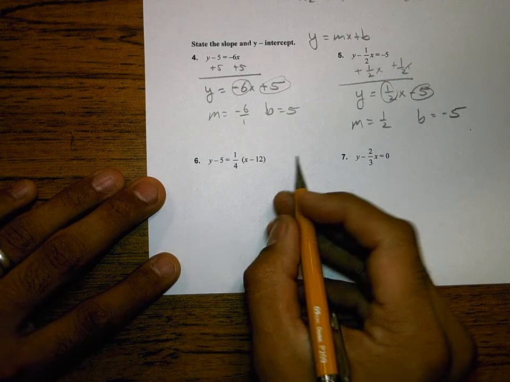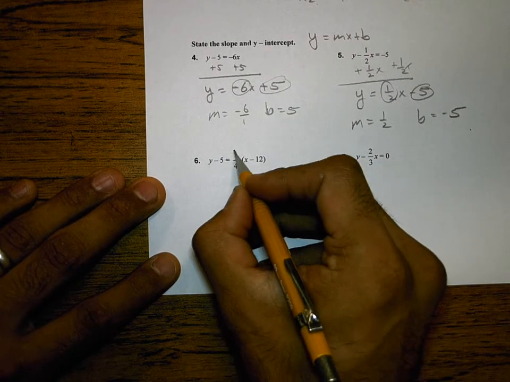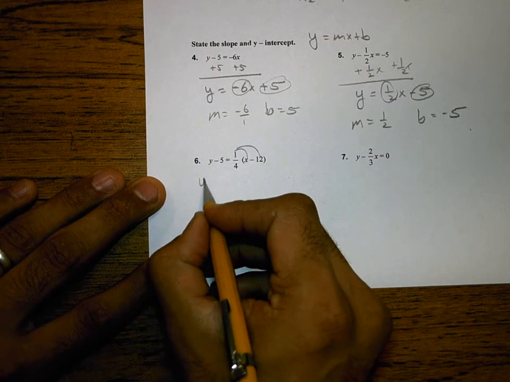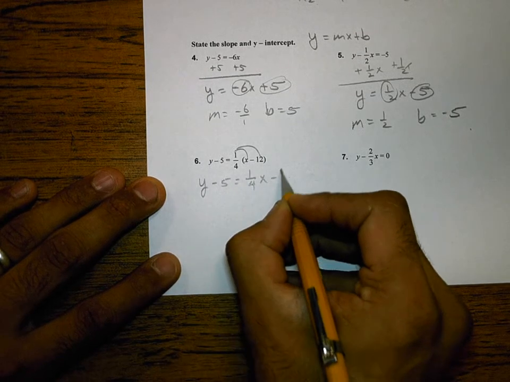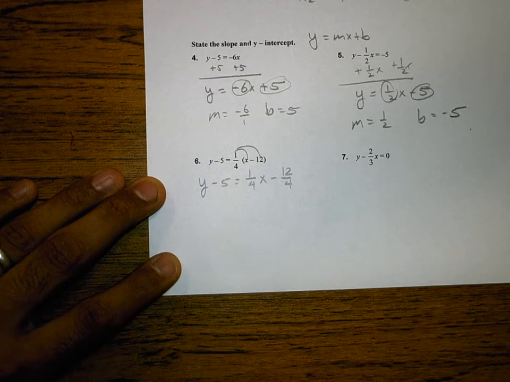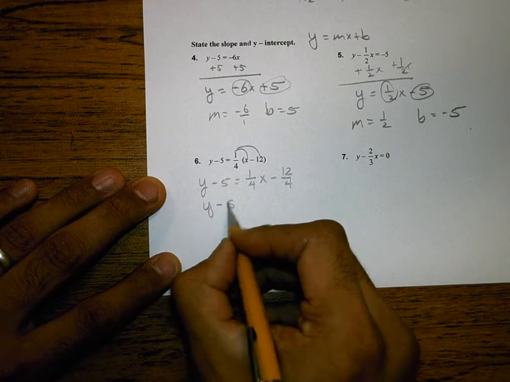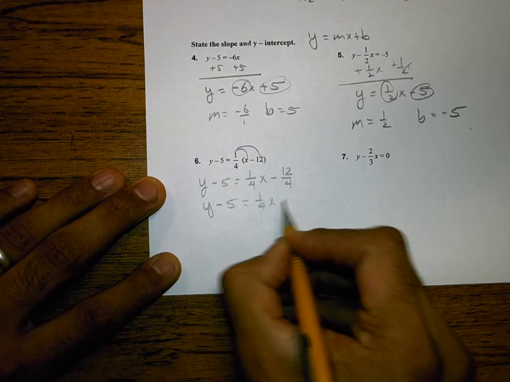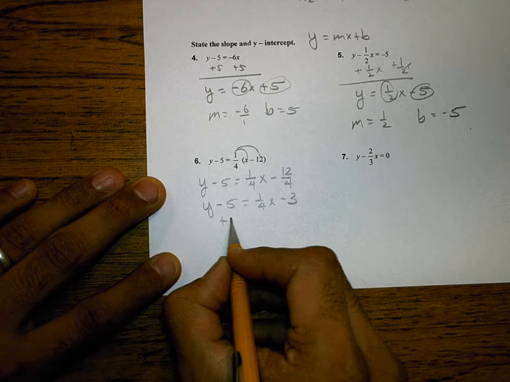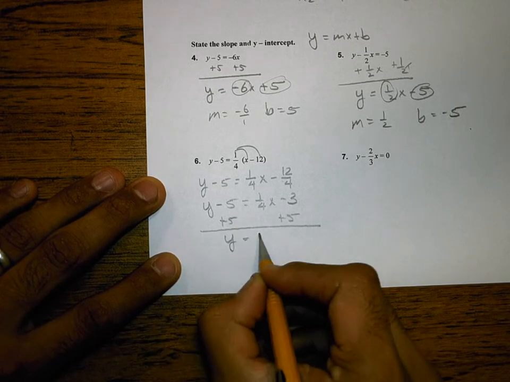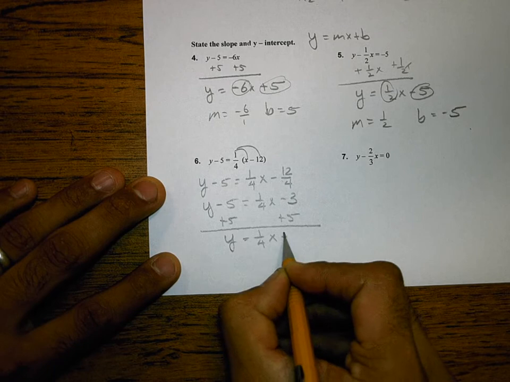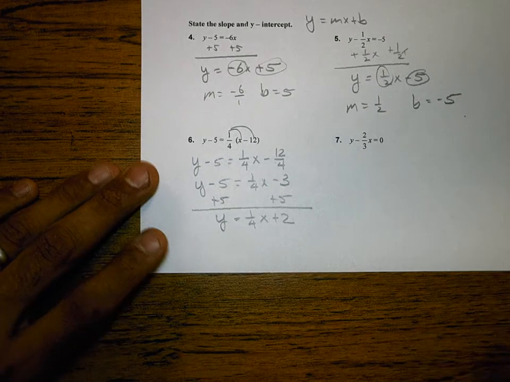Down here, I've got to distribute this. So it's y minus 5 equals 1/4 x minus 12 over 4. And I get y minus 5 equals 1/4 x minus 3. Add a 5 to both sides. There's my equation.